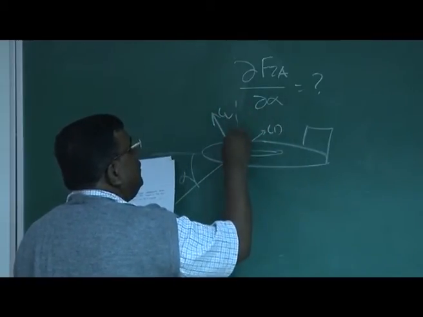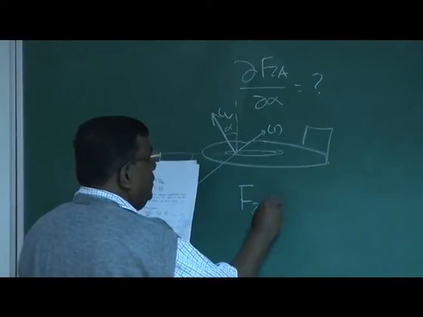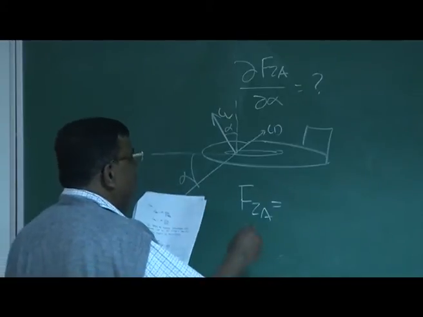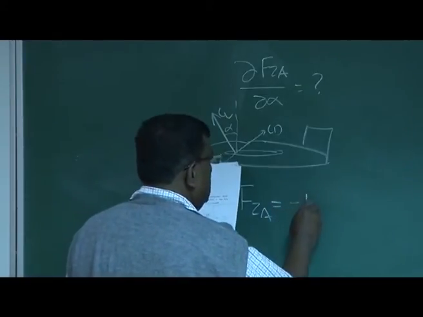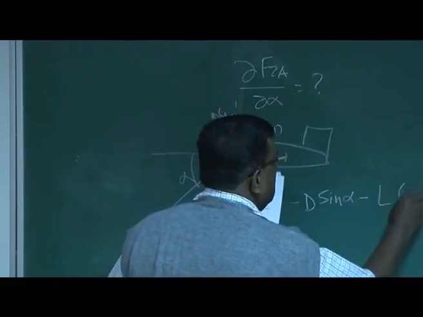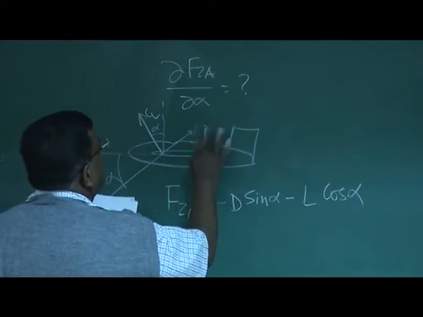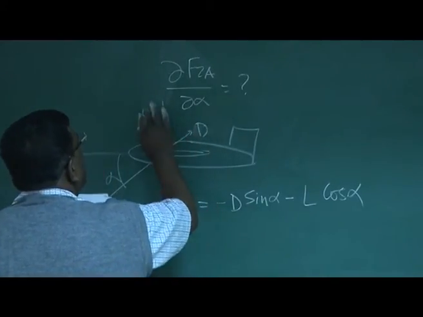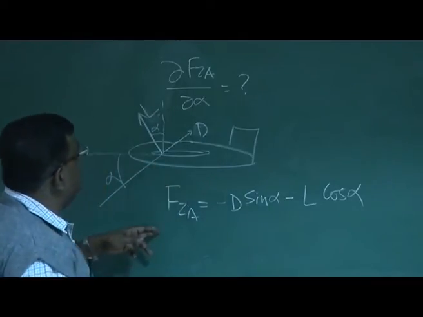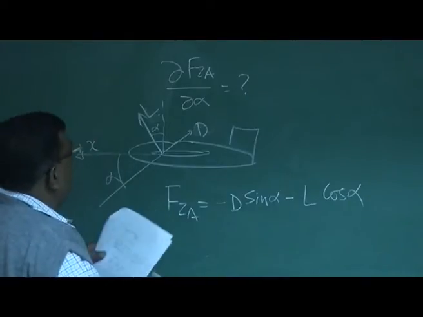I can write FZA as minus D sine alpha minus L cos alpha, since the Z direction is downwards.